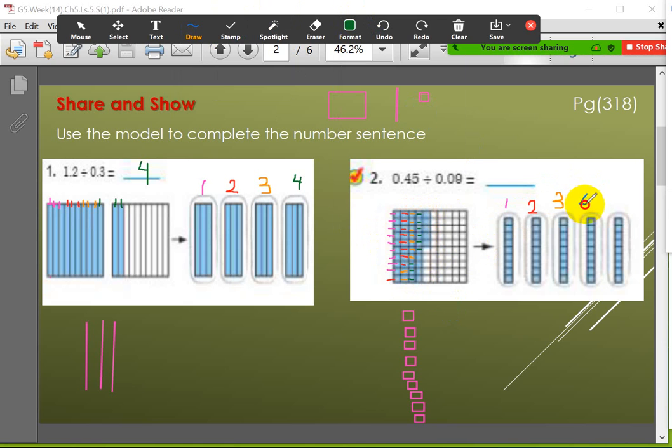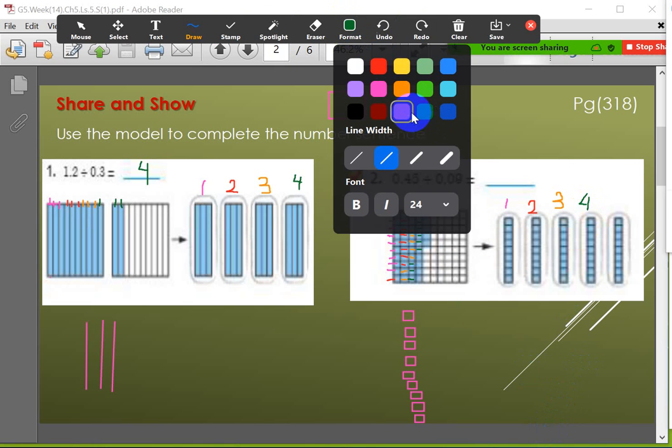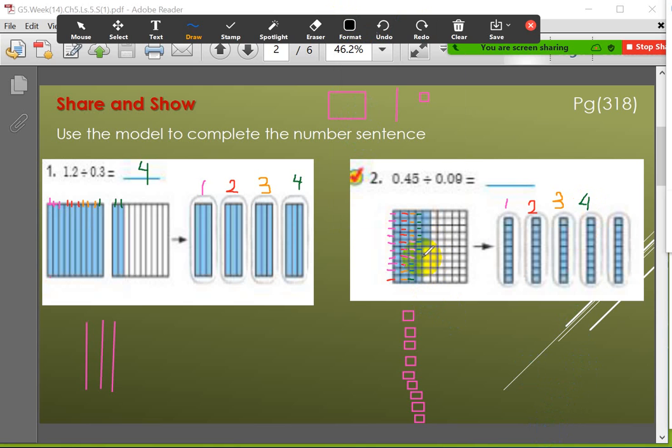This is the 4th group. Now the black: 1, 2, 3, 4, 5, 6, 7, 8, 9. So this is the 5th group. So how many groups do I have here?